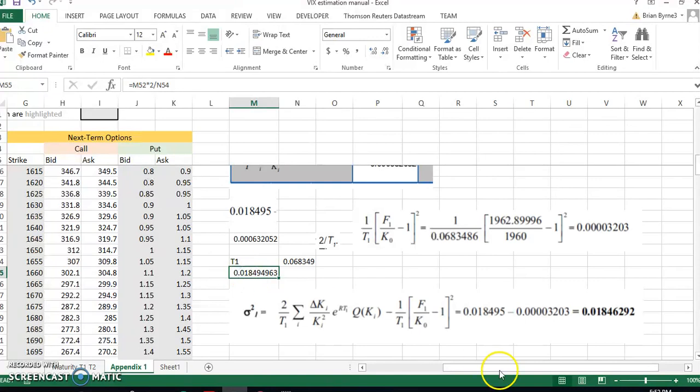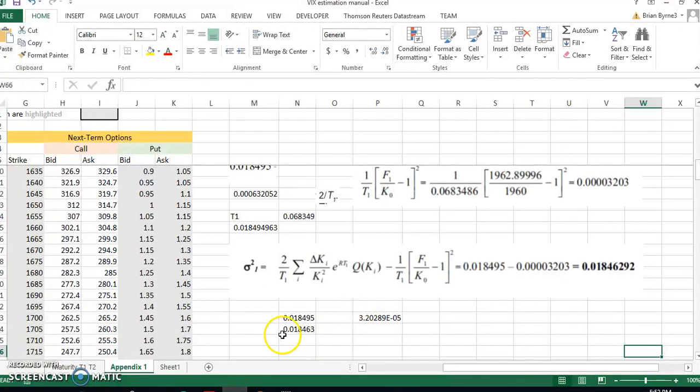So when we multiplied by 2 times T1, we got this figure, and then we subtracted out and we got 0.01849. Okay, so that was the last number we had obtained here. This number, 0.18463, corresponds with the number that we have here.